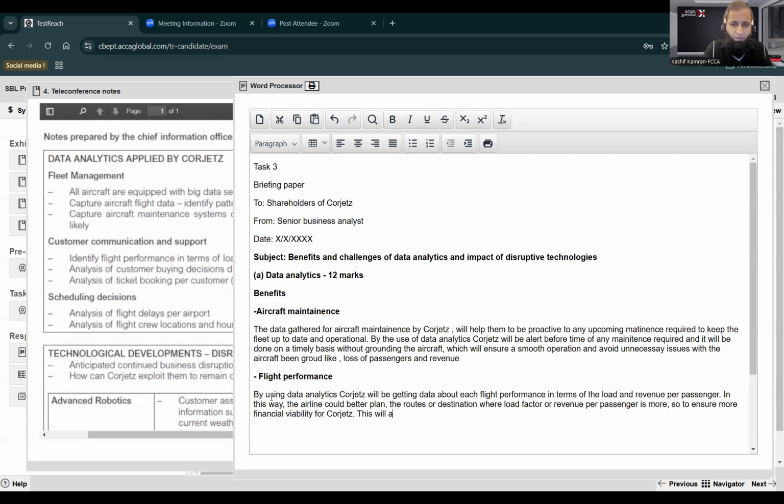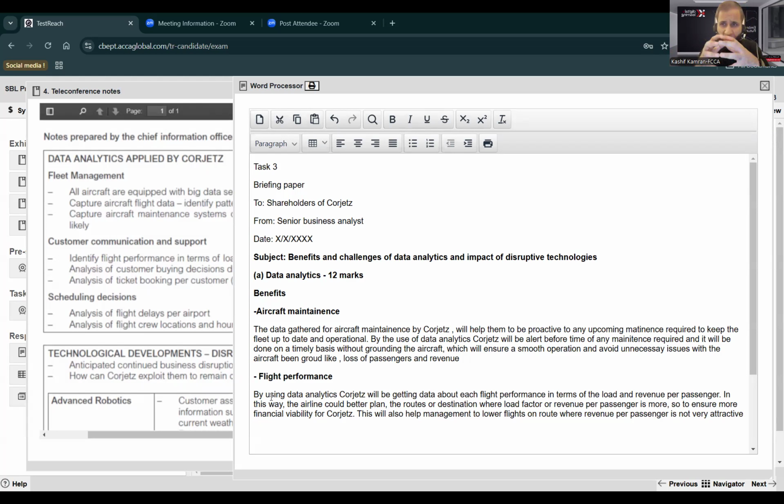This will also help management to lower flights on routes where revenue per passenger is not very attractive. So you can lower your flights to the routes where the revenue per passenger is not very attractive, and you can divert your flights to routes where revenue per passenger is attractive.